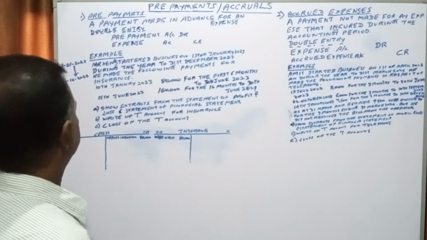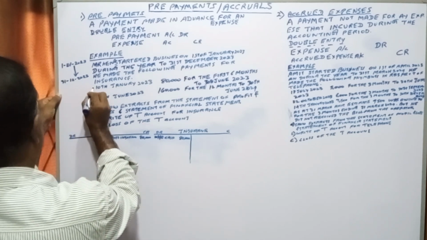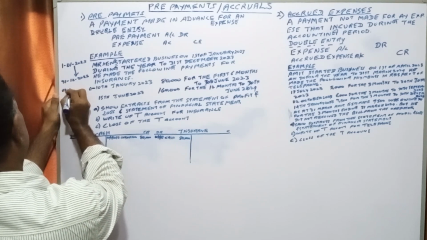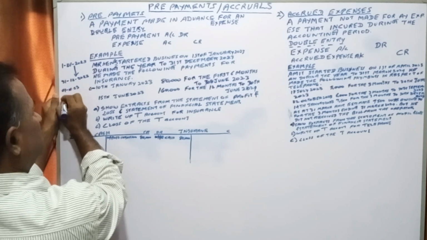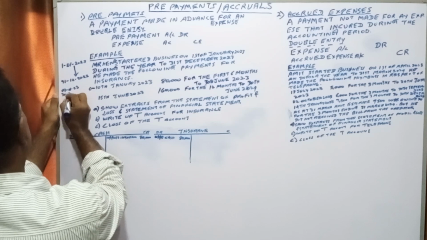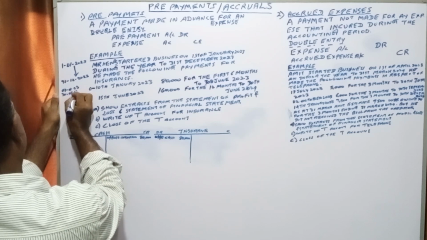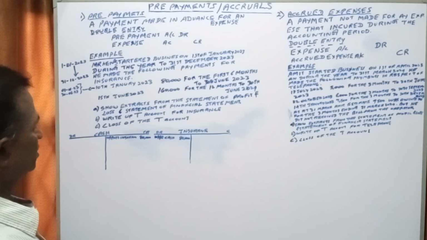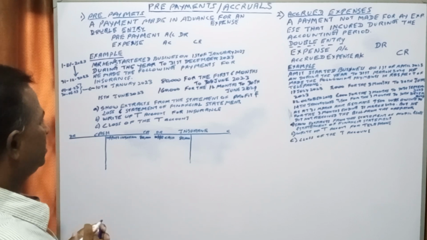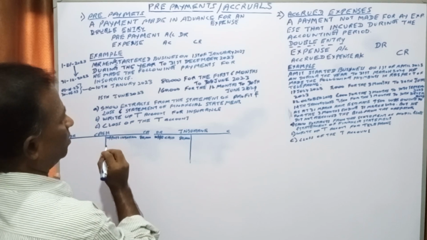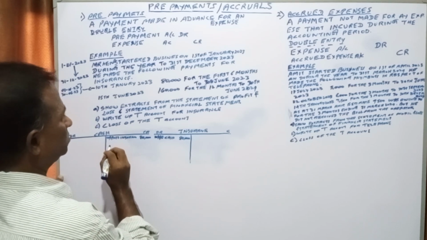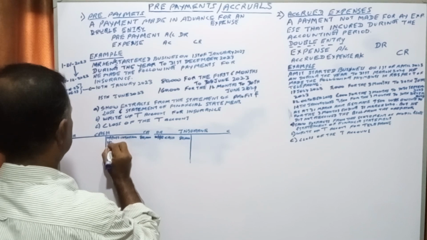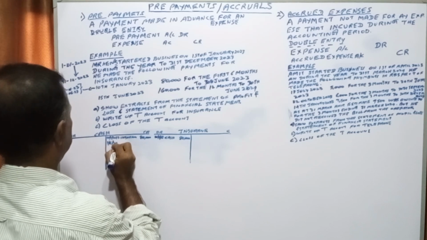Next 12 months means this payment is made for July 2023 to 30th June 2024. Now he made the payment, so we will pass the entry on 1st June 2023.